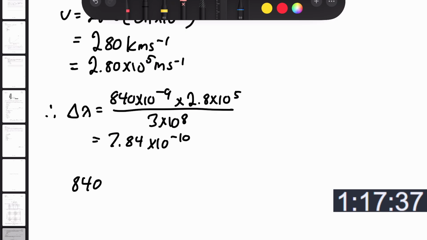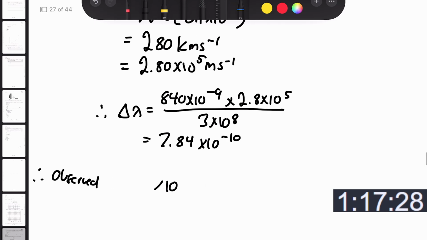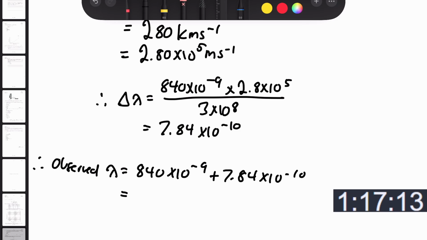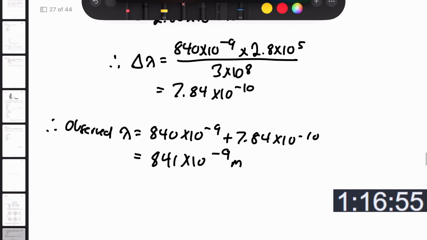So the observed wavelength is 840 times 10 to the negative 9 plus 7.84 times 10 to the negative 10, so it's 841 times 10 to the negative 9, nanometers. So we went up by 1 nanometer.